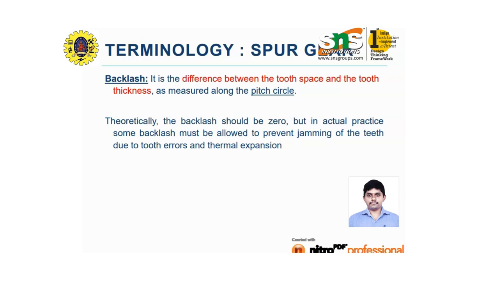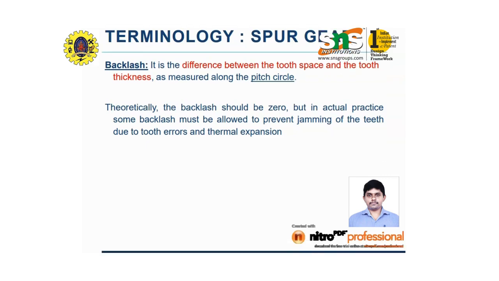Heat expansion takes place and hence it can make a crack in your tooth. Because of friction there is a huge amount of pressure and heat developed, and because of that overheat the tooth edges may get damaged. In order to avoid that, we may give more backlash in the particular component design or particular gear. So that is what you call backlash of this spur gear.